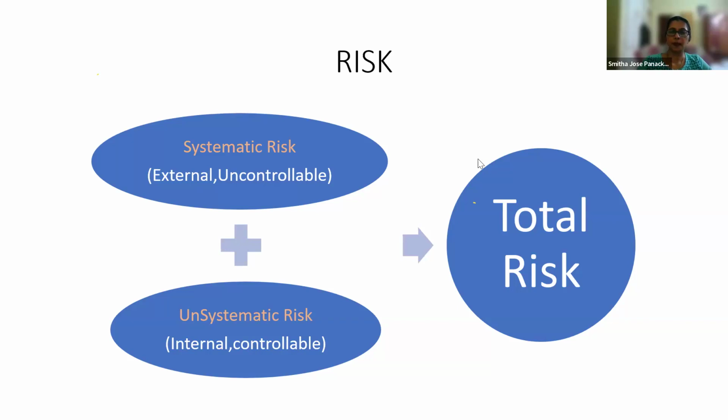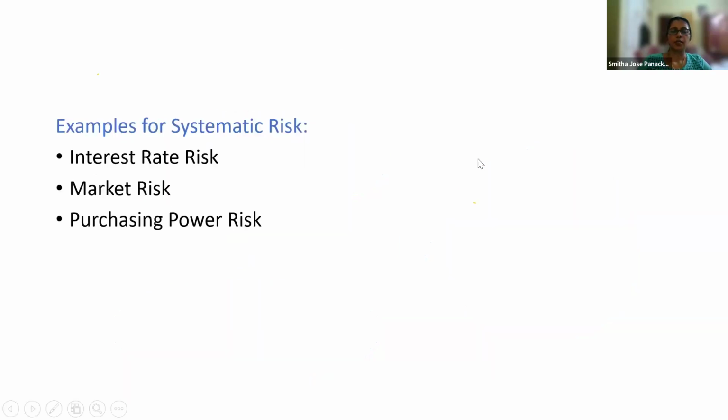Then, these are the examples of systematic risk: interest rate risk, market risk, and purchasing power risk. So what is market risk? Interest rate risk, whenever you take a loan, you have to pay the interest, and interest is not always stable.